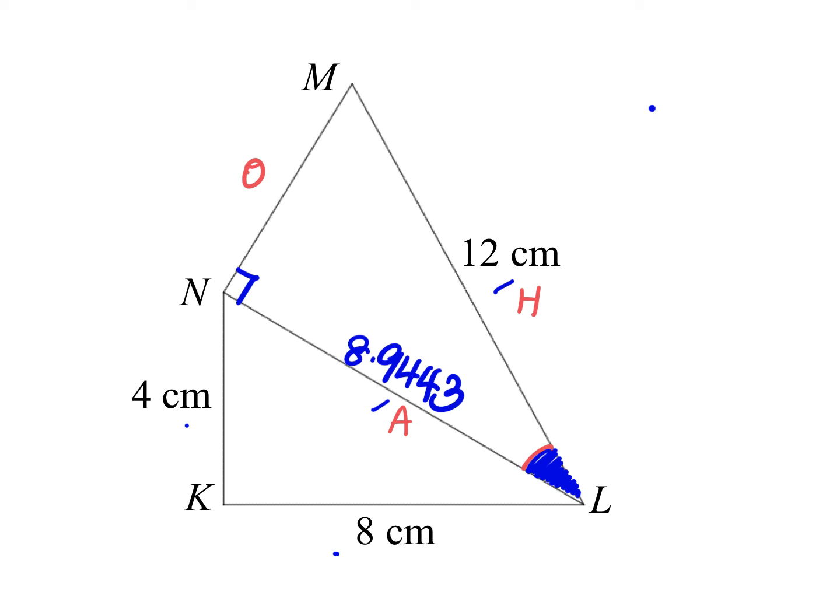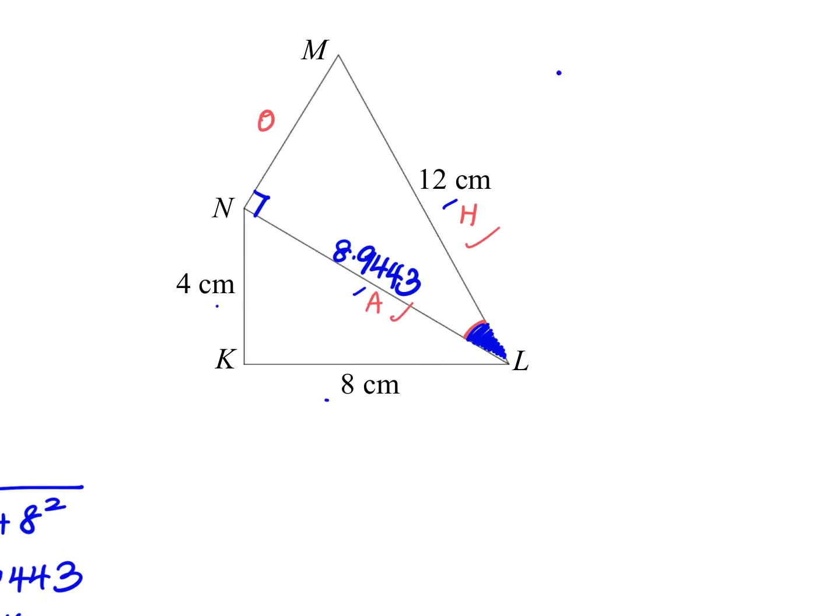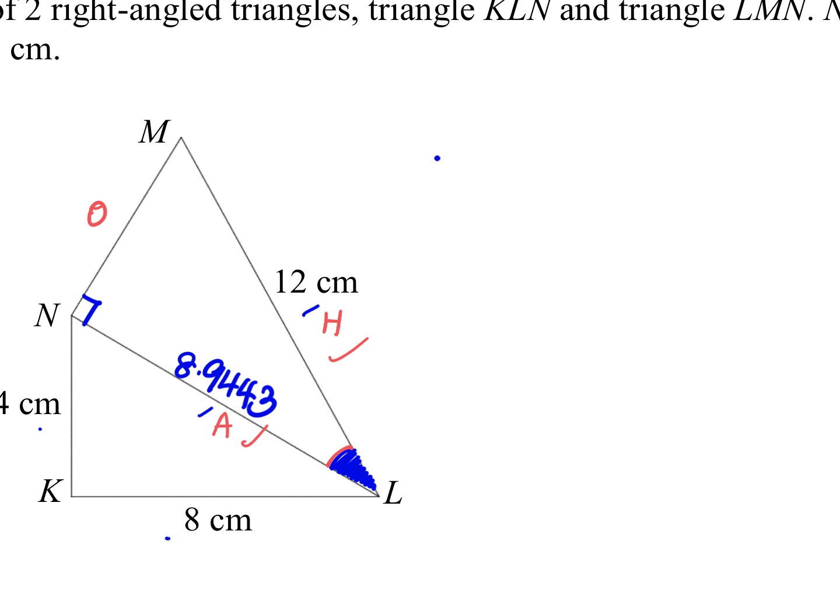Which are the numbers that have the O, A, or the H? A and H. So in this case, I'm going to look at my SOH CAH TOA. A and H use which one? Tangent, cosine, sine? Sine, sure not? Cosine, is it? So this one is cosine.